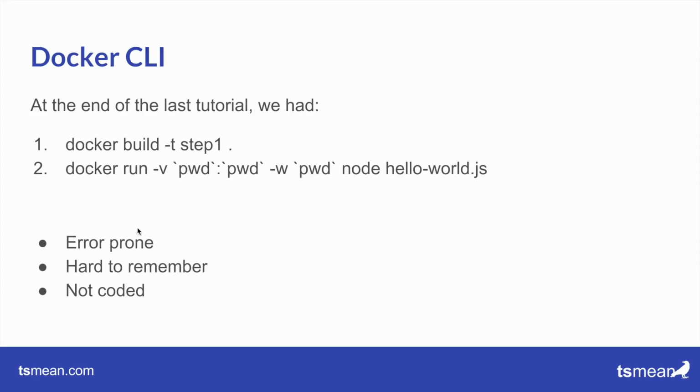Of course, such a thing is quite hard to remember, and typing it out like this is error prone and it's not coded, so you couldn't use it on a server.